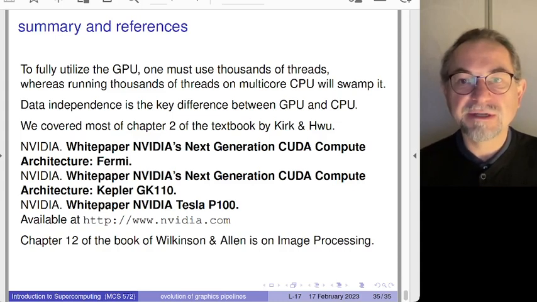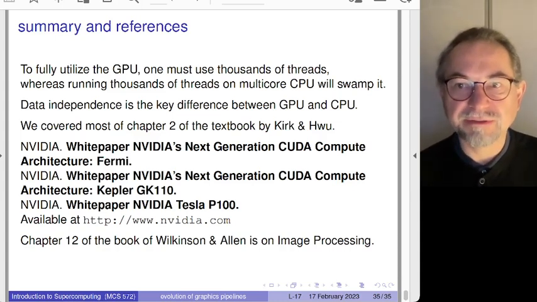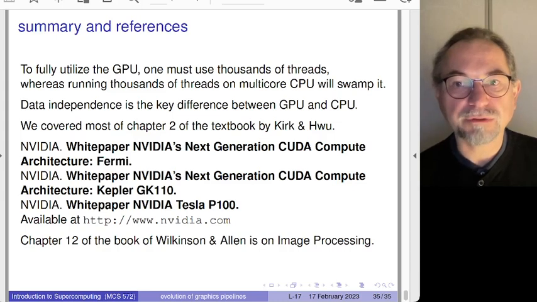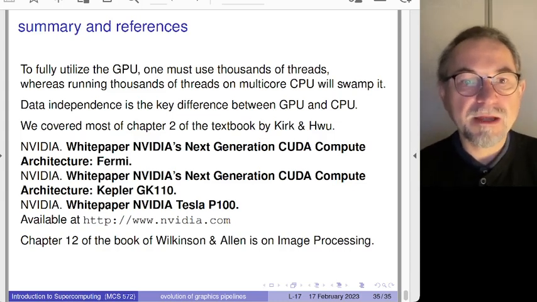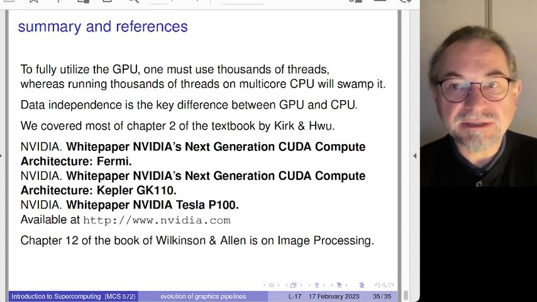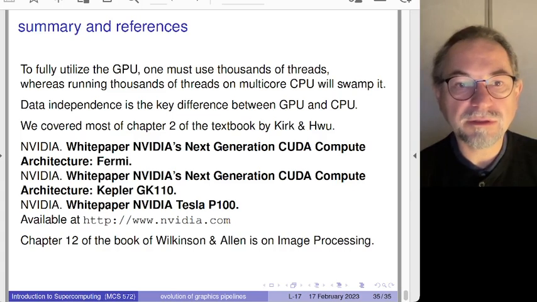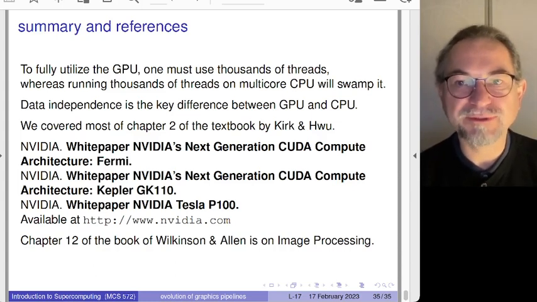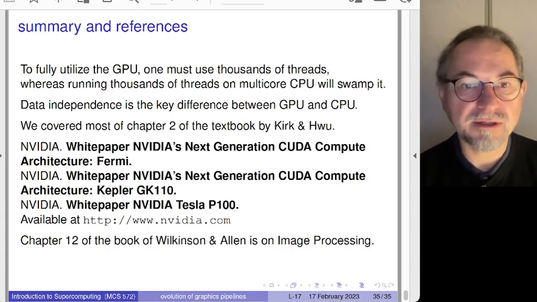So in some sense, within our experience from multitasking, it's not that bad. The key difference is the data independence. Fortunately, many scientific applications, perhaps almost all, involve linear algebra, and these linear algebra operations can be accomplished in a data parallel view.